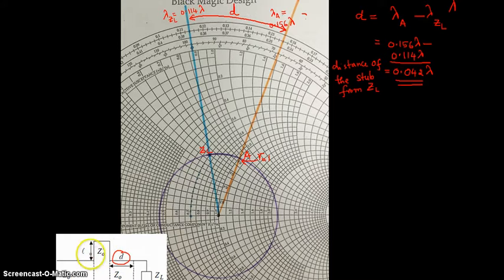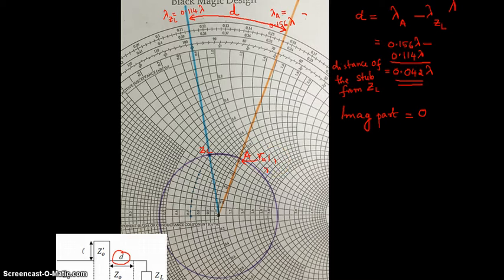Now if you see here, you have one more value to find out, which is the length of the stub. Now if you go back to your understanding, using the distance of the stub, we have made the real part equal to 1. Next we have to make the imaginary part equal to 0. For that, at this point, find out what the imaginary part is.